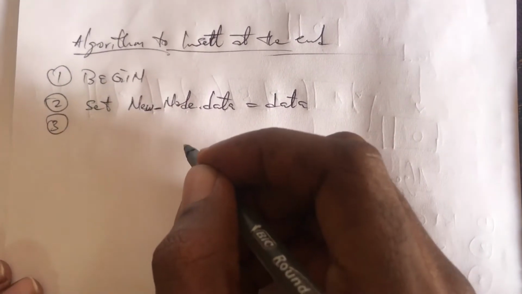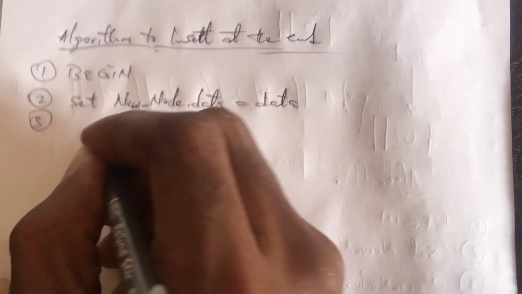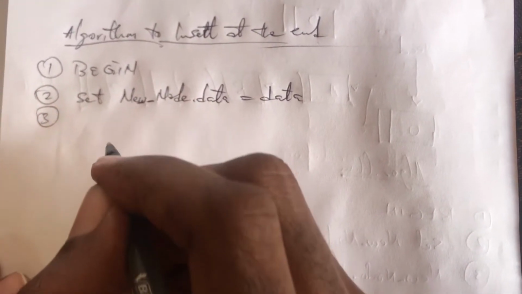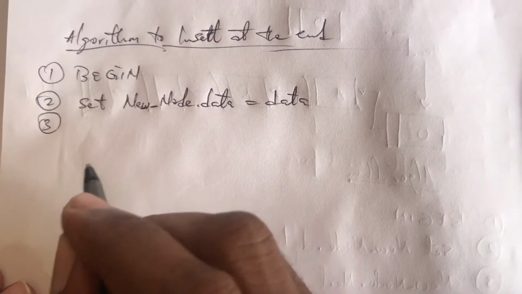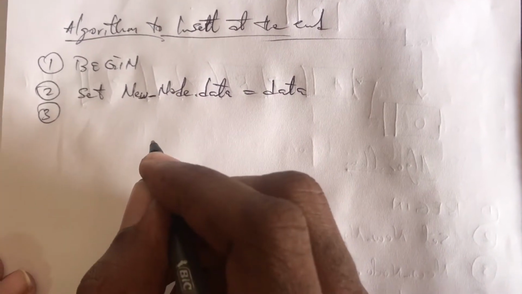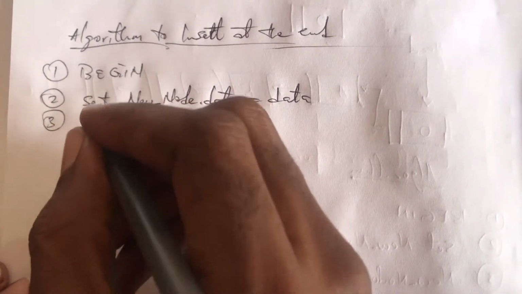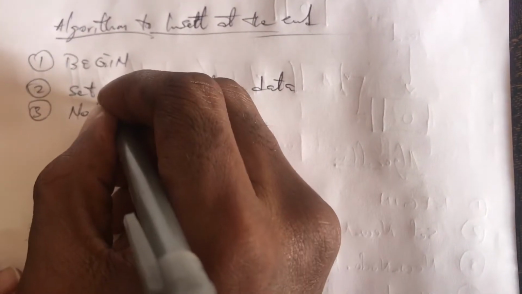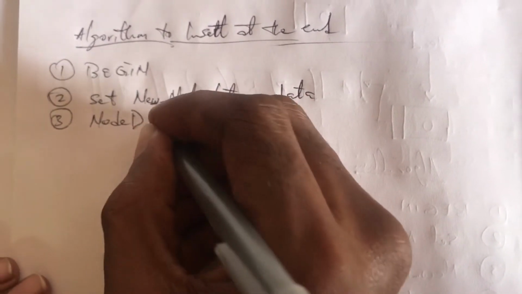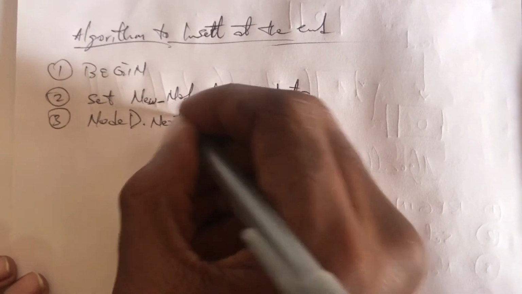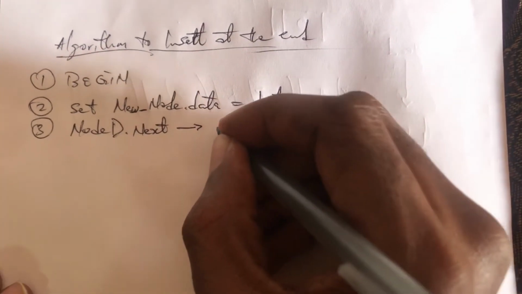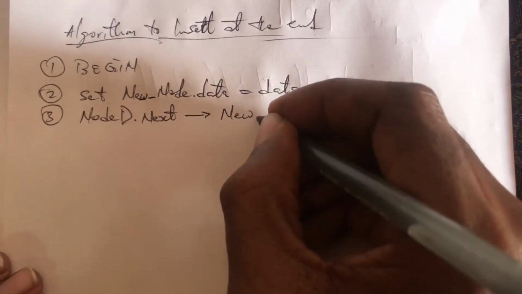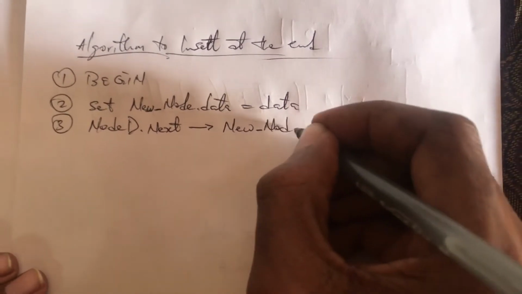Next, we point. Remember, D was the last node pointing to null. So now we point node D dot next to the new node.